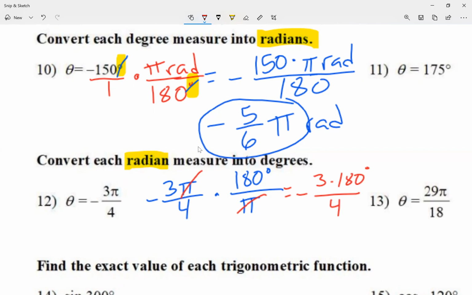So 3 times 180 is 540, so there's negative 540 over 4 degrees. Now, if I simplify this, 540 divided by 4, use a calculator if you need to, is 135. So this is negative 135 degrees.